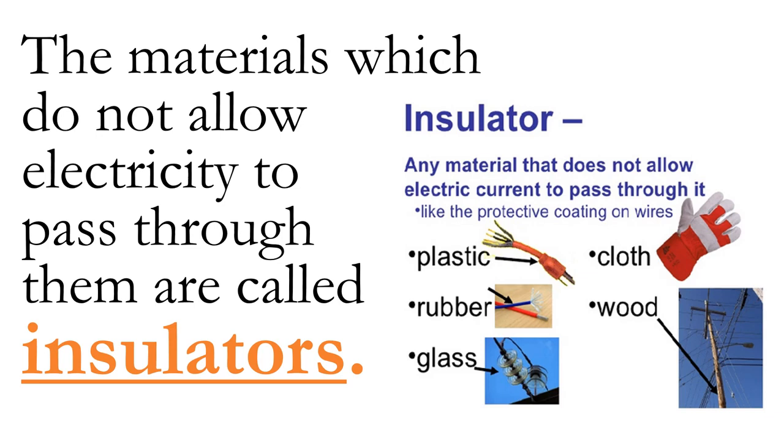Moving on to insulators. The materials which do not allow electricity to pass through them are called insulators. Here in this diagram, you can see a few examples of insulators like plastic, rubber, glass, cloth, and wood.